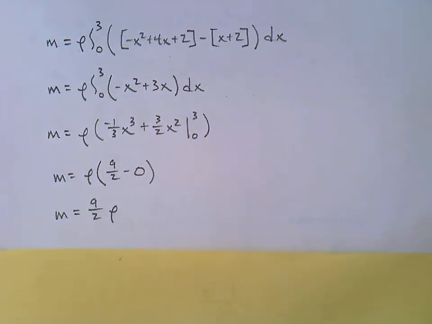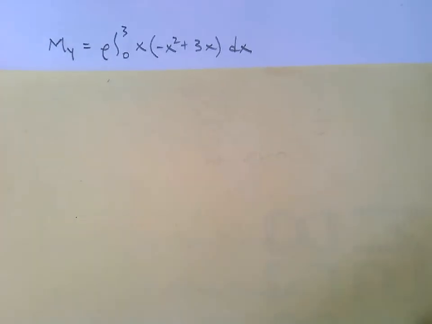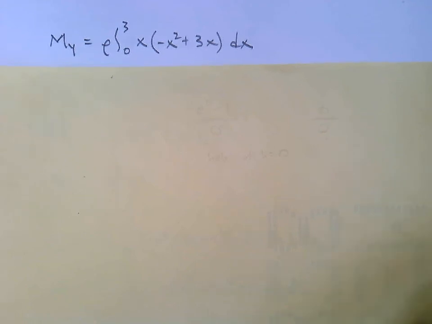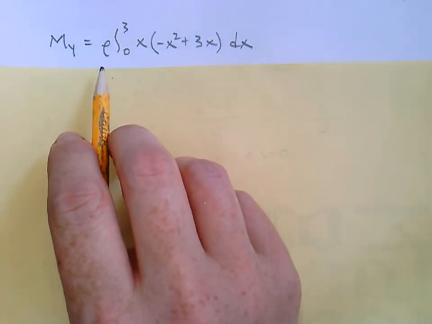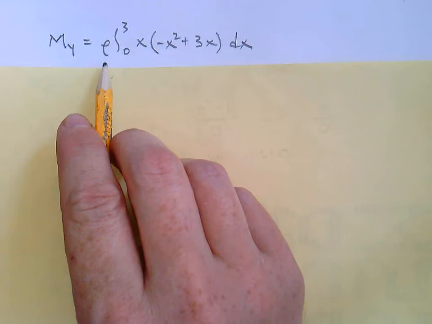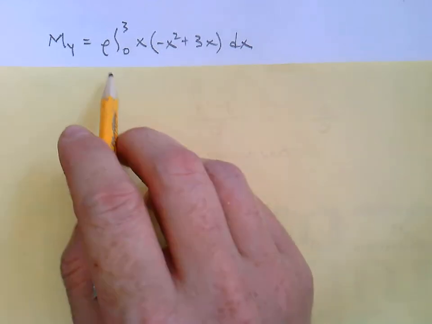Okay, moving on. We've got the total mass. Let's find the moment about the y-axis, My. So very similar. It's a good idea to do the total mass first for what you're going to see here.